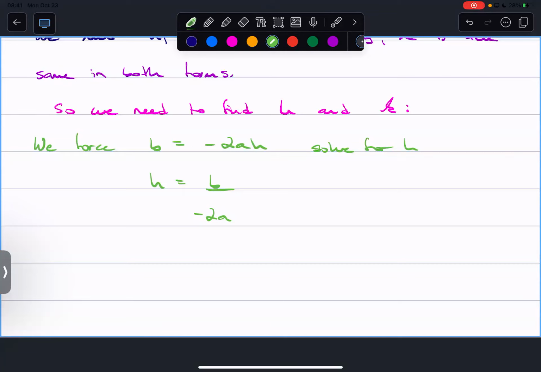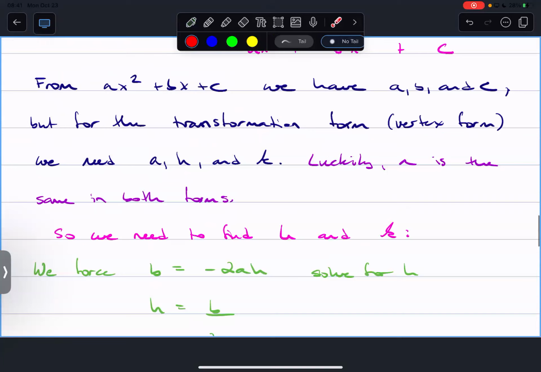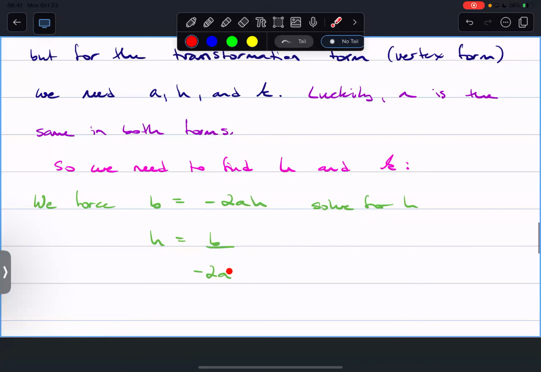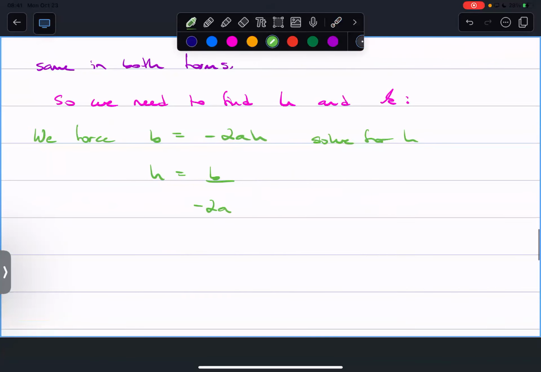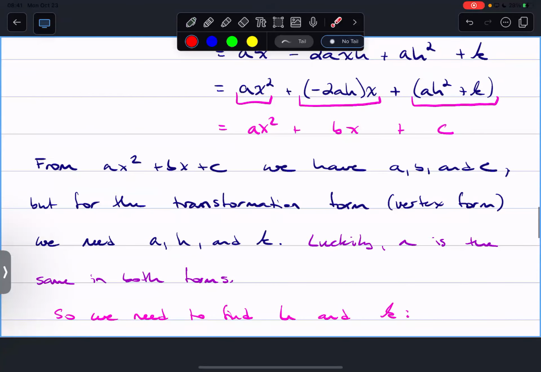So now we know what H is, right? Because from our original form, ax squared plus bx plus c, I have B and I have A, and so I can find what H is. Now, same idea. I'm going to force AH squared plus K to be equal to C. And what am I going to look for?